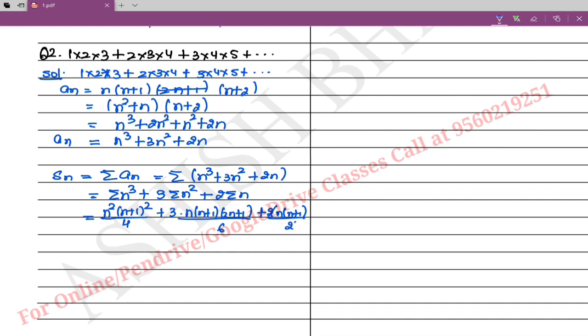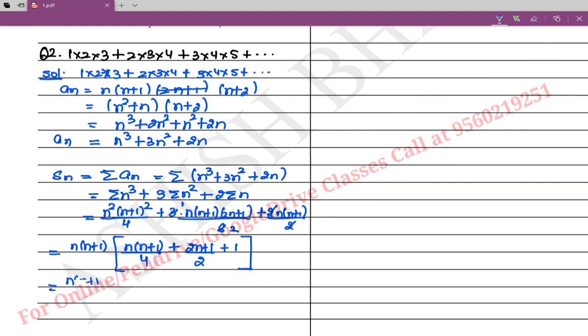So we can clearly see 2 into this will be cancelled out, 3 ones are 3 twos are, so we can easily see that n into n plus 1 is common, so we will be left with n into n plus 1 by 4. n and n plus 1 is taken common out, so we are left with 2n plus 1 by 2 plus 1 here.